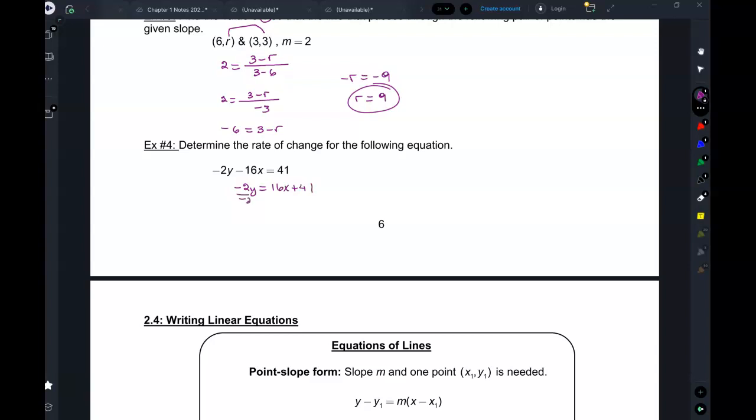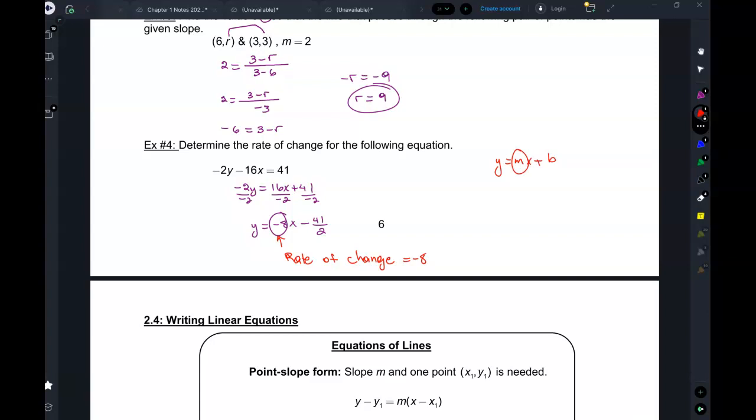So now divide everything by negative 2. So y is negative 8x minus 41 over 2, and this number is the rate of change. Why is that number related? Because remember how when you have y equals mx plus b, m is the slope. Rate of change is slope. So it's the same thing.